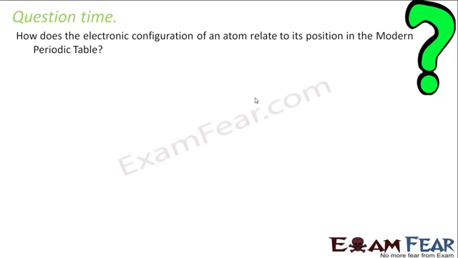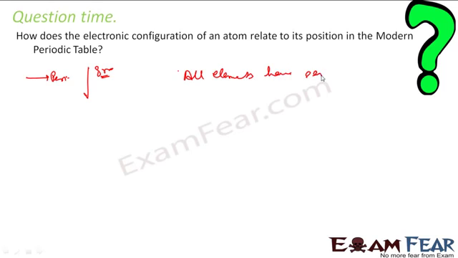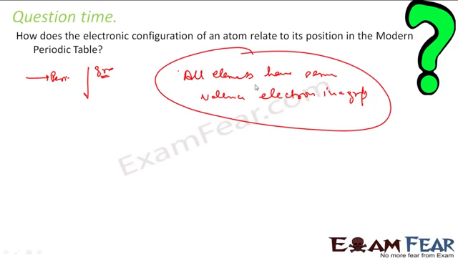How does the electronic configuration of an atom relate to its position in the modern periodic table? We have periods and we have groups. First, all elements in a group have the same valence electrons.